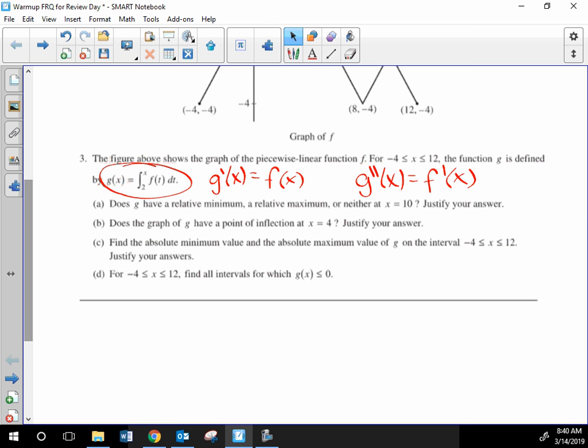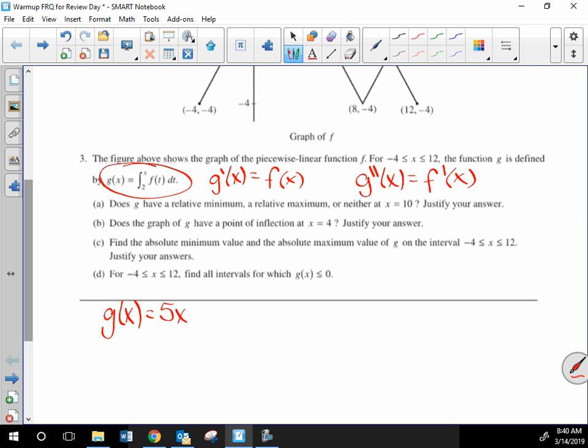Now sometimes, and we've had problems like this before, your g of x is not defined just by the integral. Sometimes they'll do something like this, where g of x equals 5x squared plus the integral from 2 to x of f of t dt. So sometimes they'll have something more.